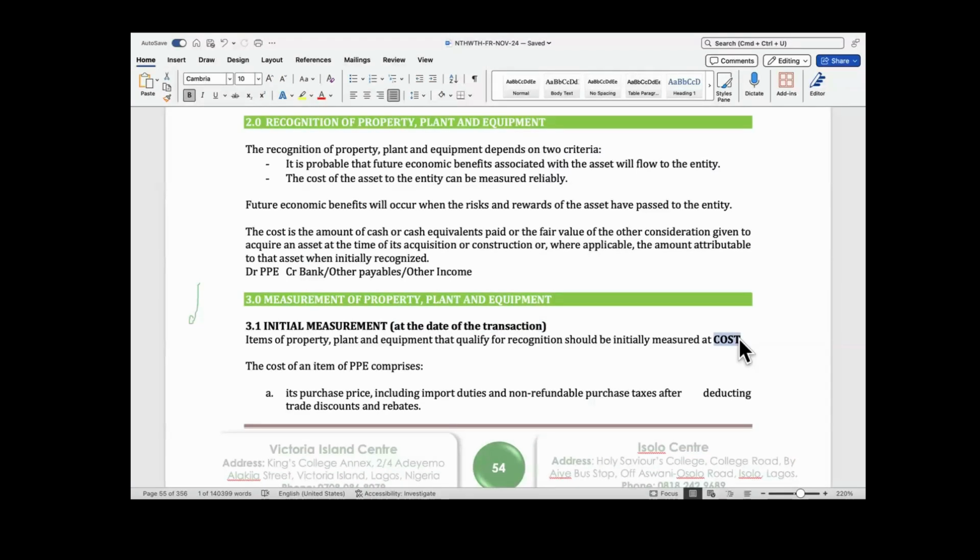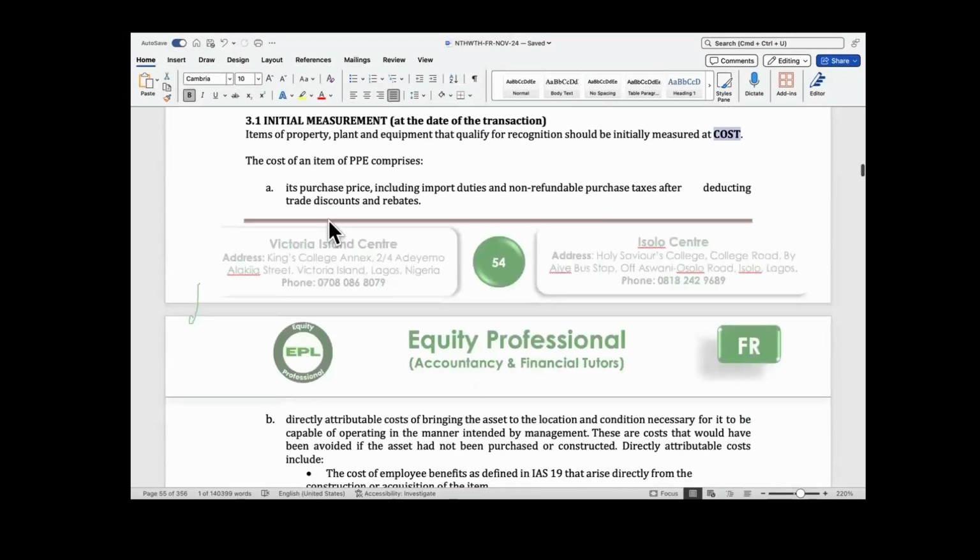Breaking it down further, what is the money you have paid to buy an asset? It will comprise the following. Number one is the purchase price, which is usually the money you pay directly to your supplier. This purchase price will also include import duties, provided you have bought that item from a foreign country.